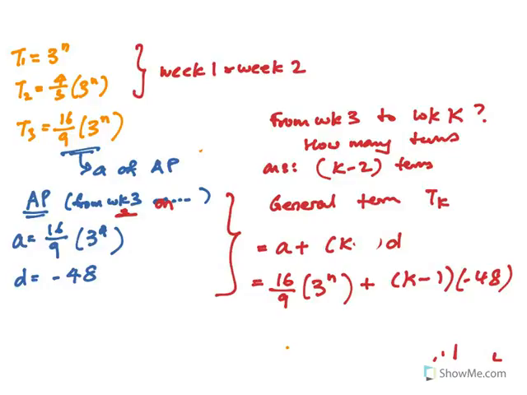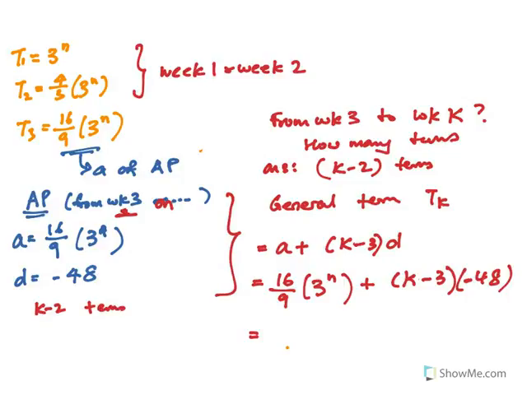The answer is no. We actually just put K minus 3, because we are adding the negative 48 K minus 3 times. We are not doing K minus 1. We are doing K minus 3 times because we do not start from week 1. The AP starts from week 3. So here we need to take away the first 2 terms. With that, this is an AP with a total of K minus 2 terms.